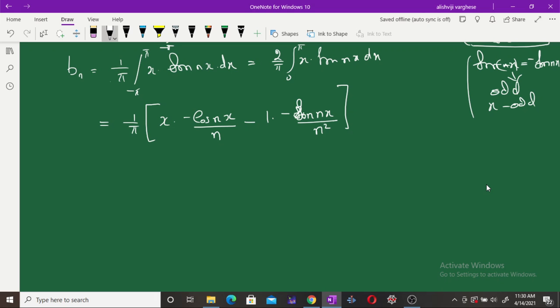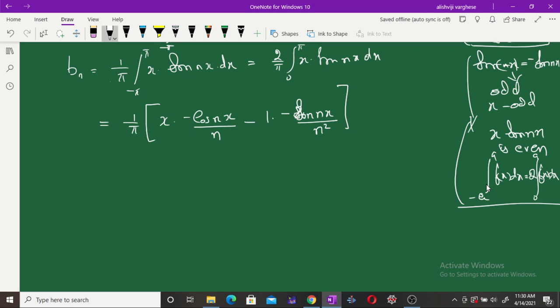Product of two odd functions is an even function. So x into sine nx is an even function, and for an even function, if f of x is an even function, then integral minus a to a f of x dx is equal to 2 times integral 0 to a f of x dx.